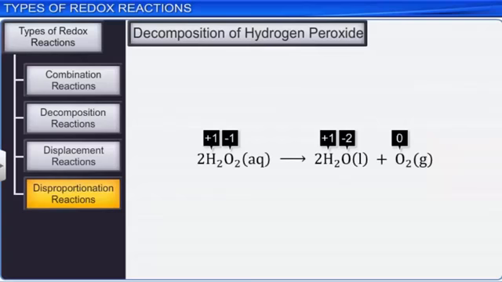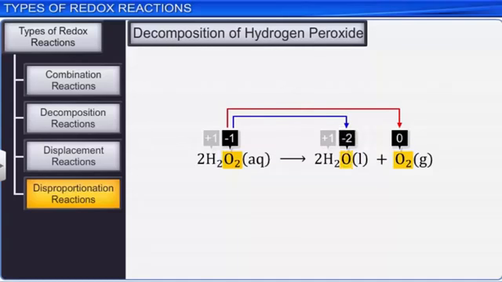For example, the decomposition of hydrogen peroxide is a disproportionation reaction. Here, oxygen has a -1 oxidation number in hydrogen peroxide. It increases to 0 in O2 and decreases to -2 in water.